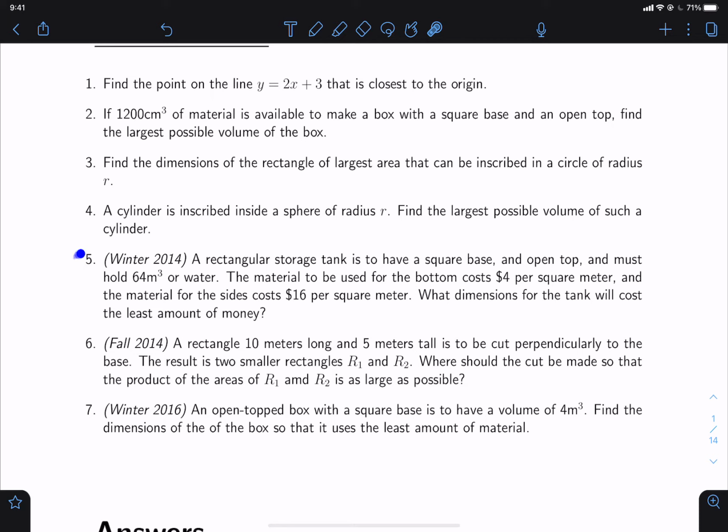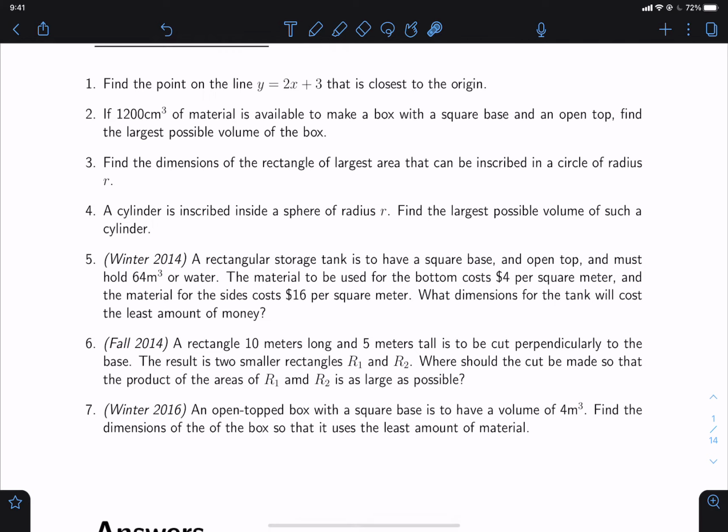What is different in question 5 is that instead of a limited amount of material, you have an infinite amount of material. You can have as much as you want, but the cost increases if you use more material. But the volume here is fixed, right? It has to have this volume. That is different from question 2.